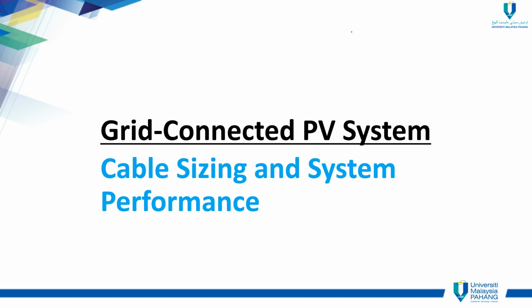We know how to calculate the maximum and minimum numbers of modules in the string, and the maximum numbers of parallel connections. So now we are going to proceed to the cable sizing and the system performance. For cable sizing, we are going to play with the cable 2.5, 4.0 and so on.